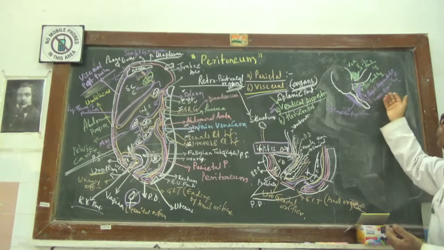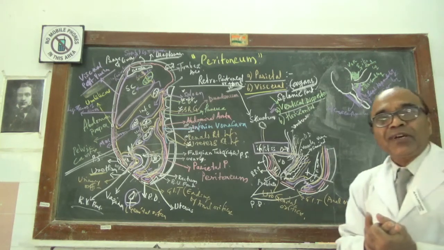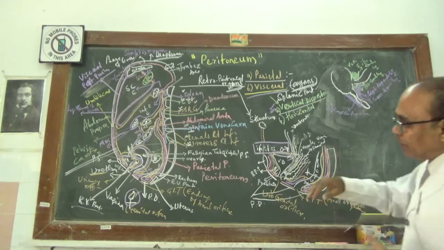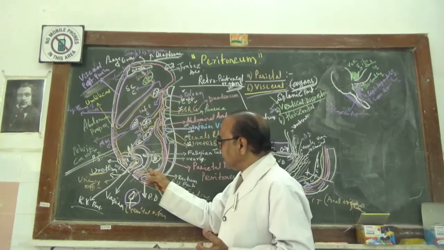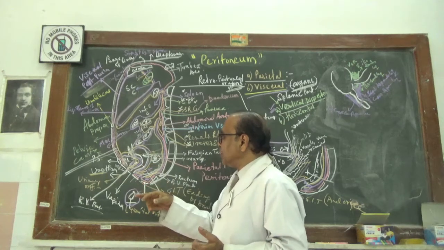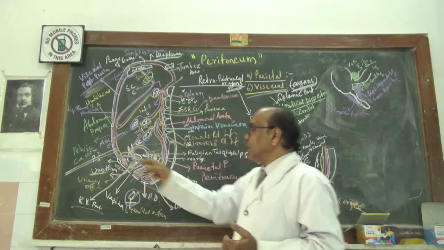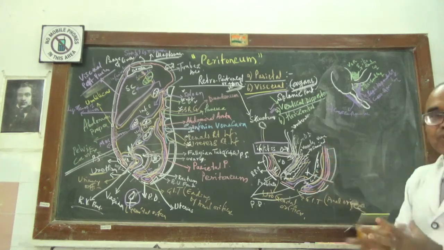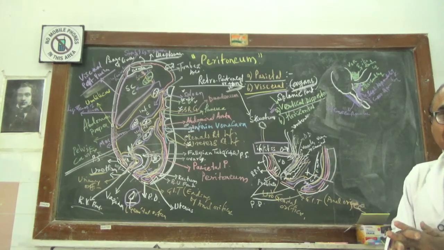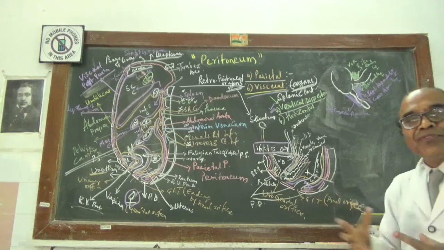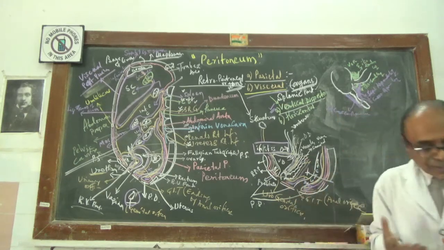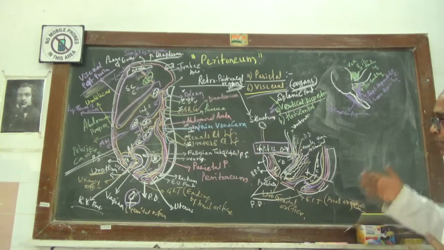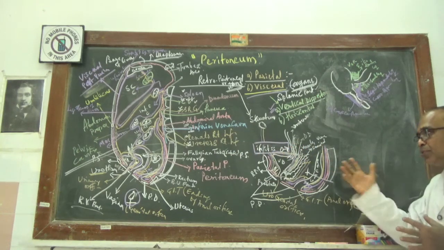And you have heard about some pouches such as Hertzmann pouch and Morison's pouch to begin with. And also you have already heard of the retrouterine pouch, retrovesical pouch, and retropubic pouch in the retropubic space. These pouches are meant to collect some fluid when an inflammatory process or any abnormal physiological activities are going on.